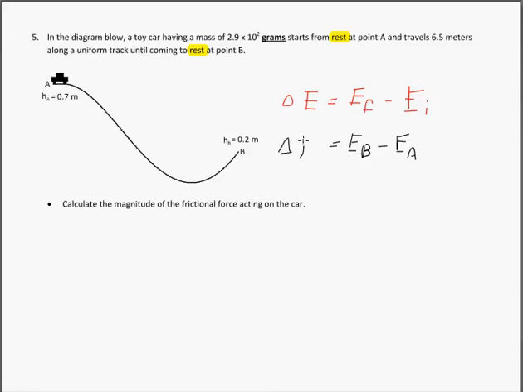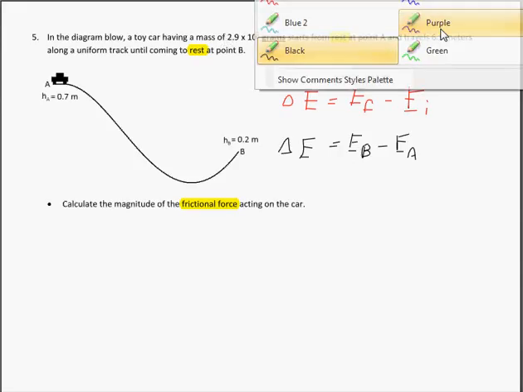Now, it asks us to, let's actually just keep going, Mr. Shaw, let's not stop there. It says calculate the magnitude of the frictional force. So we're looking for the frictional force. Now, this one is a little confusing, and it does deviate a little bit from what might be intuitive.